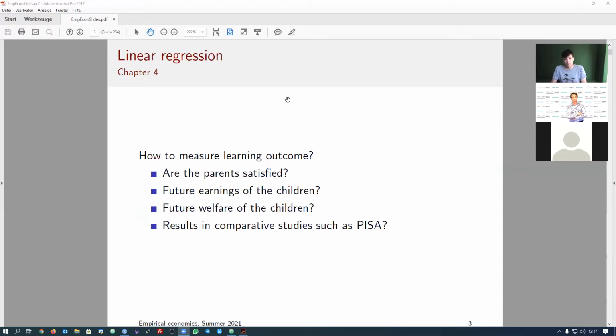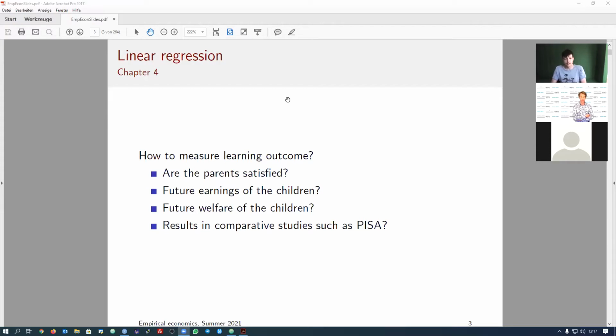One might be, especially for younger children, the parents' satisfaction: are the parents satisfied with what their children learn, the way they learn it, and the environment they learn it in? We can of course also look at the future earnings or the future welfare of children. That might be a very good indicator of how effective our policies have been.